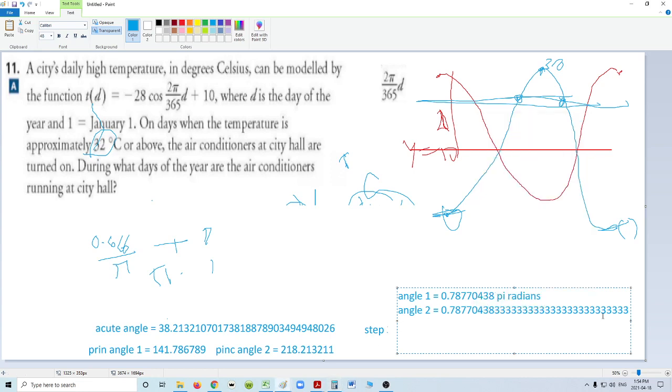Copy. And I'll just round that up here to 7. And that's also in pi radians because I didn't, again, multiply by pi. I just left it in pi. Had I multiplied by pi, I'd get a numeric radians.